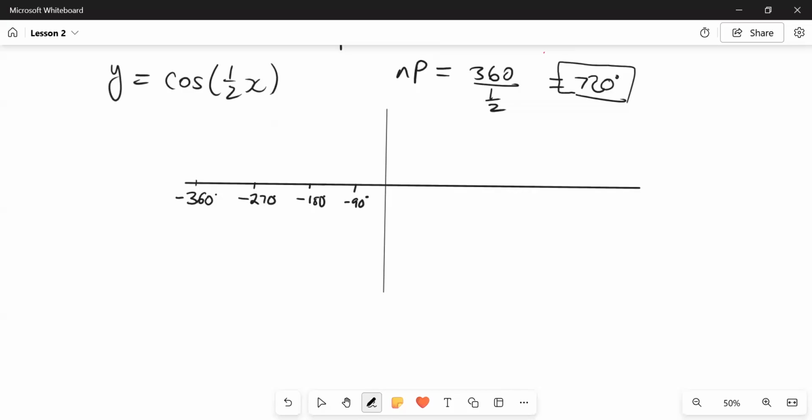Here you have your 90, 180, 270, and 360. And then there's negative 1 there and positive 1.